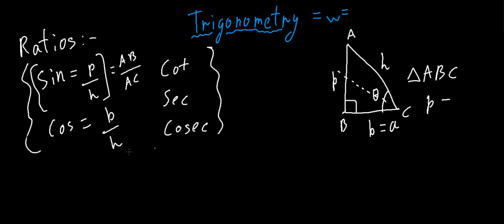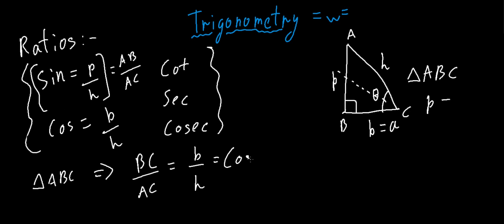As base in triangle ABC we have BC, and hypotenuse as AC, making that B by H and also making that cos theta. So in triangle ABC, the cosine will be BC by AC.